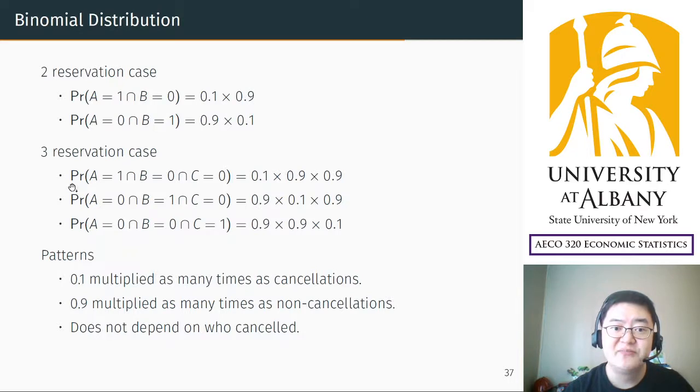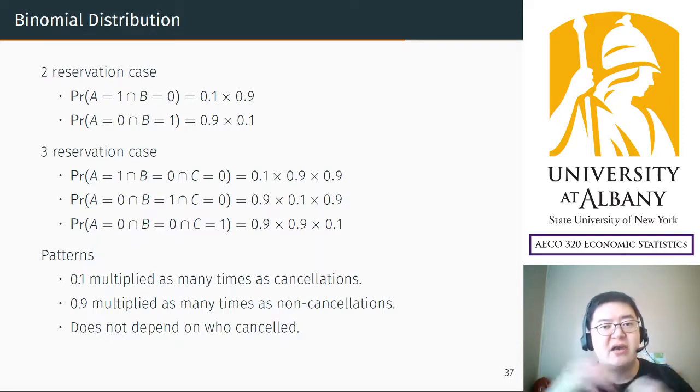A is cancelled, so you are multiplying 10%. And here 0.1 is coming from B, who cancelled in this scenario. So 0.1 is multiplied as many times as cancellations. So probability of cancellation as many times as the number of cancellations.